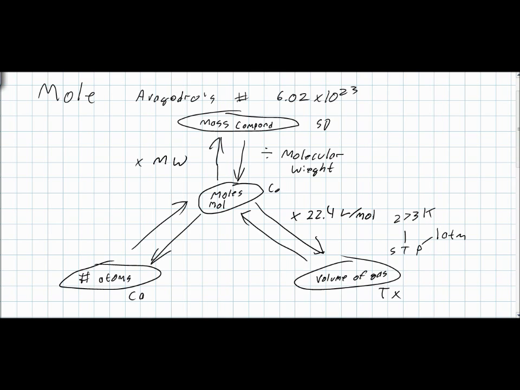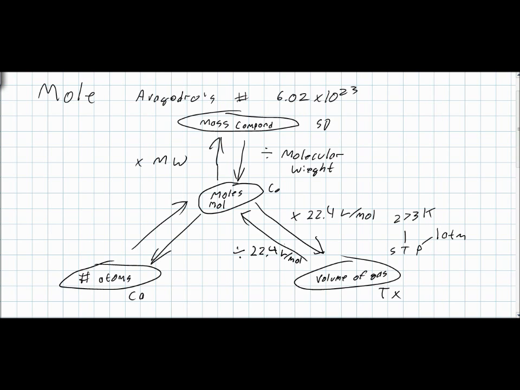And if you notice, you're in moles, you're going to liters. So if you have moles and dividing by moles, moles cancels out. So that works really nicely. Now if you're going back, you simply divide by 22.4 liters per mole. Simple and beautiful.